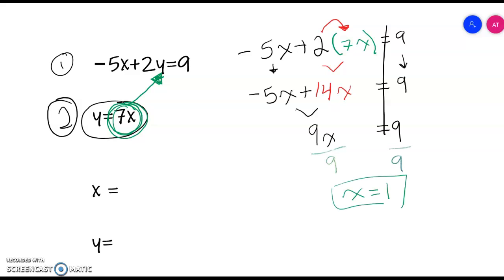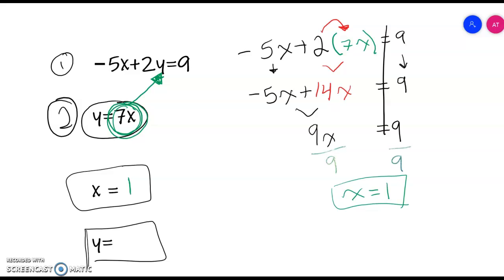So there's my solution to x. x equals 1. Now if I wanted to figure out what y actually equaled, this is where it hits my x-axis at 1. Where it's going to hit my y-axis is what I'm going to find out now. I'm going to take this 1 and plug it back into an easier equation to figure out what y is instantly. Which one do you think would be easier to plug in 1 for x?